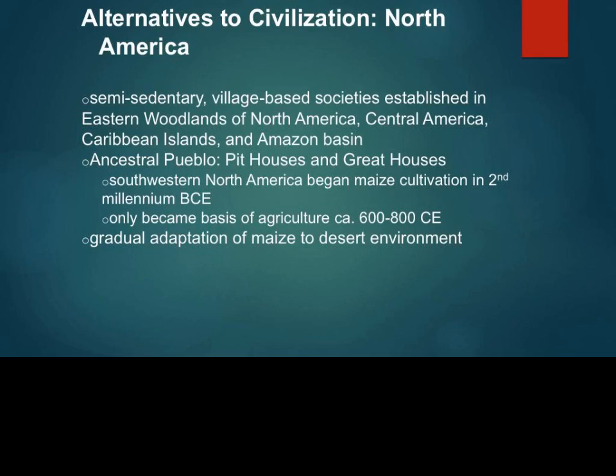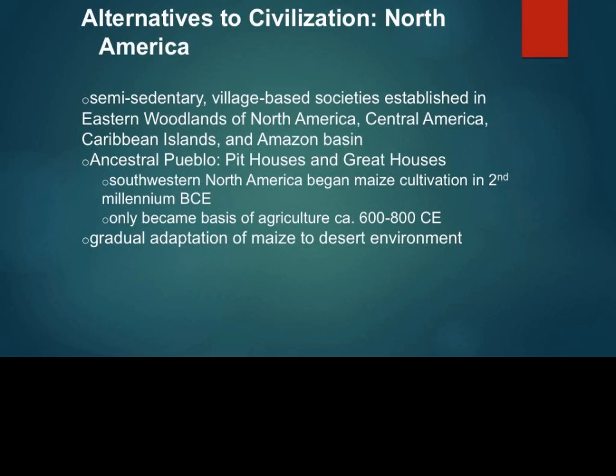Okay, there were semi-sedentary village-based societies that were established in the eastern woodlands of North America, Central America, the Caribbean islands, and the Amazon River Basin. Now, the ancestral Pueblo built pit houses and great houses.